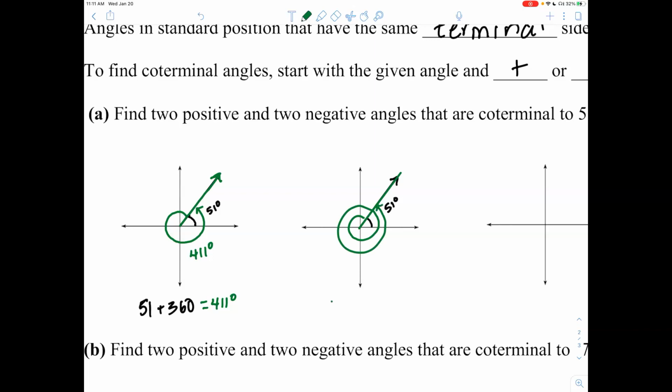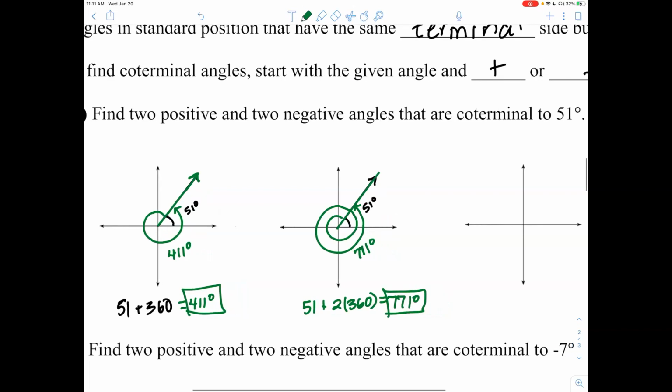So I did 51 plus 2 revolutions of 360 degrees. And so 51 plus 720 is 771 degrees. So that is what that angle would look like. So these two are positive coterminal angles.